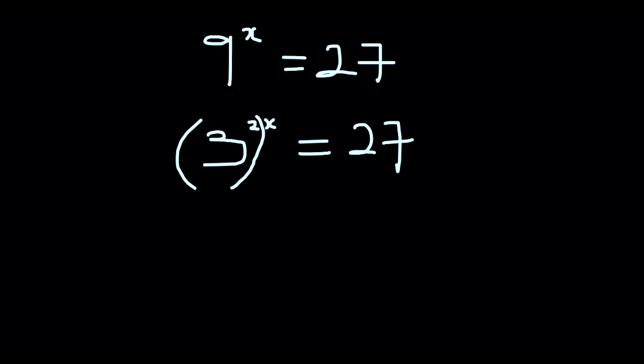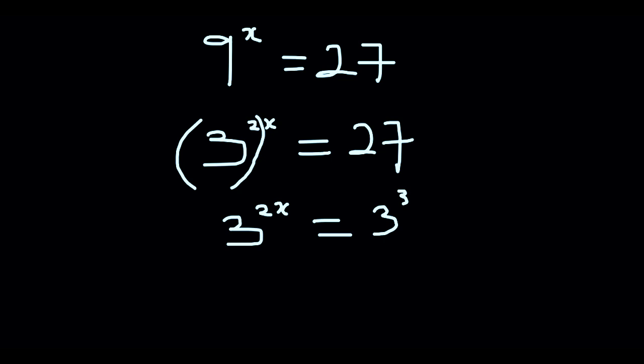So from here, we can also write this as 3 to the power of 2x equals, this can be written as base 3 to the power of 3.